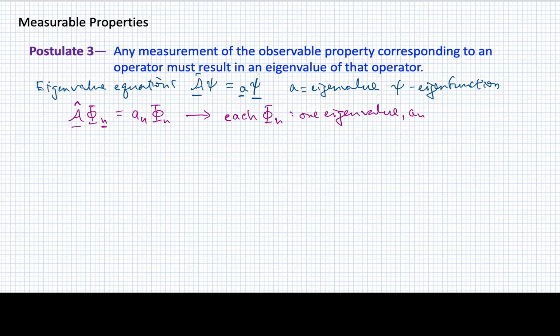But at the same time, I may have more than one of these eigenfunctions that have the same eigenvalue. And this is something that we saw in the particle in the 3D box, resulting in a quality we call degeneracy.